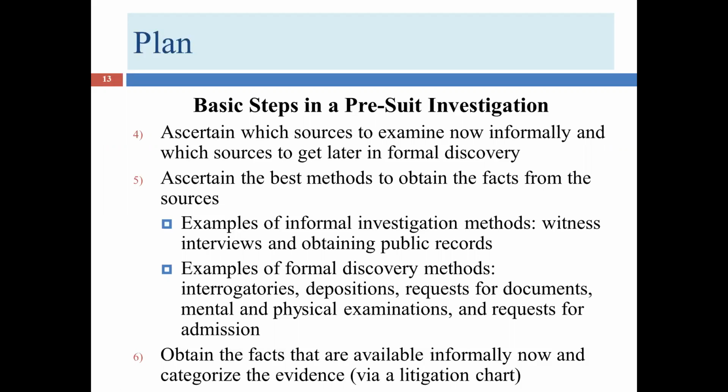And it's also stuff that sometimes we can keep confidential from the other side. Obviously, in formal discovery, everyone's going to know about everything that we're sharing. So there are some strategic advantages to doing it informally. But the reality is there are going to be some things that we're just not going to be able to find out until we're in the formal discovery process. So definitely we're going to have things in both categories.